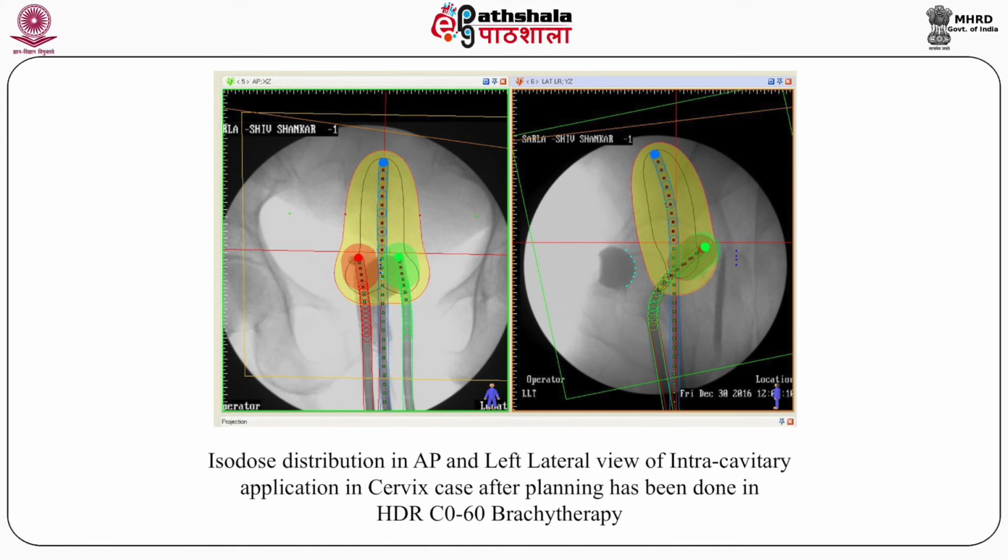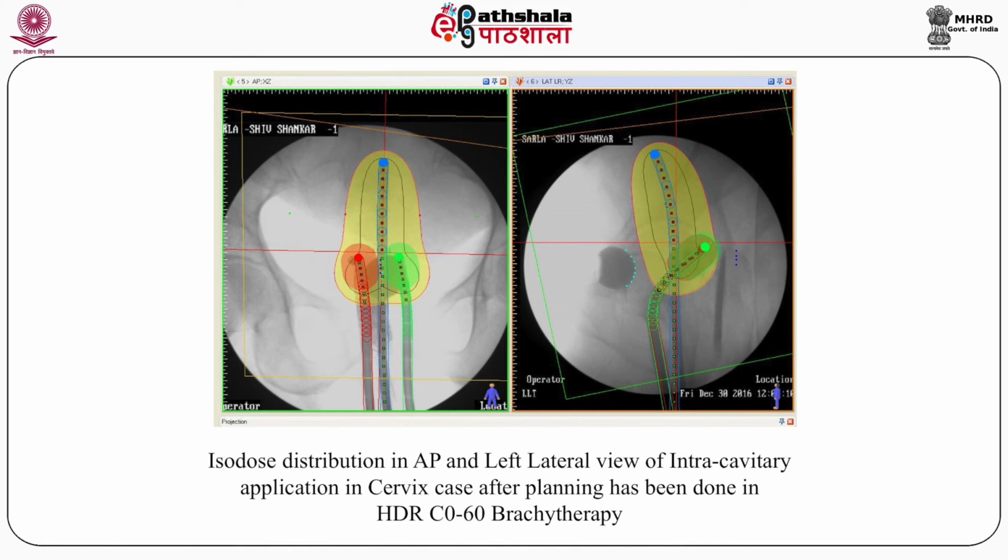We can see the image of one planning of CA cervix where 2 orthogonal X-rays with the help of C-arms are taken. We can see the stainless steel applicators in the radiograph. A bladder is also visible. A radio-opaque dye is introduced in the bladder, which makes the bladder visible, and also a radio-opaque dye is placed in the vagina.